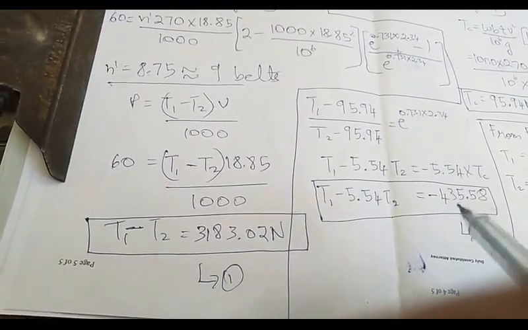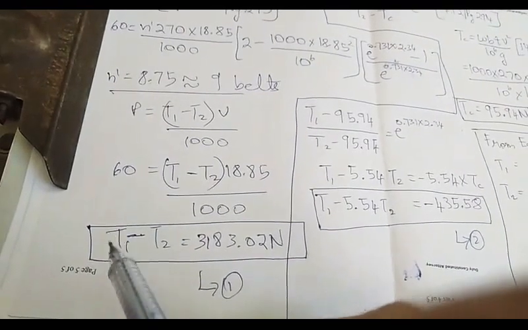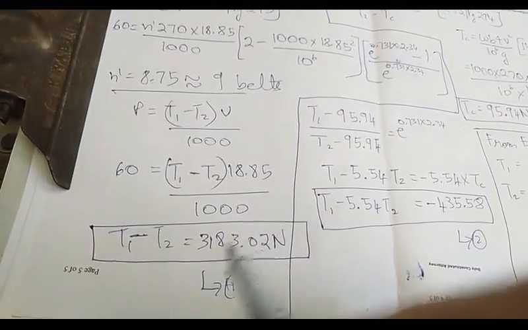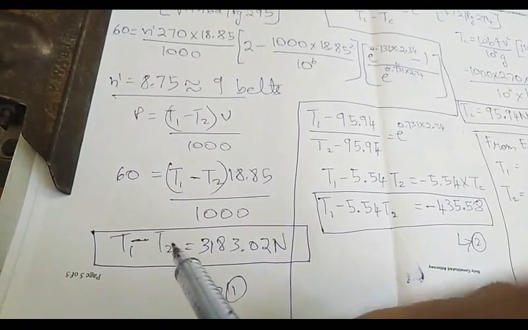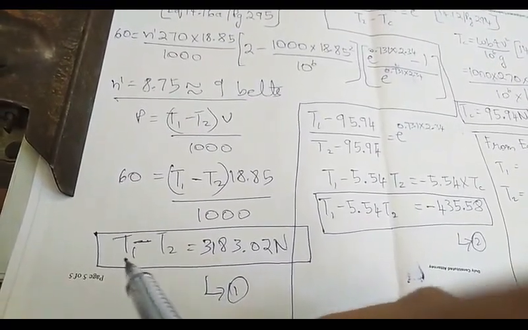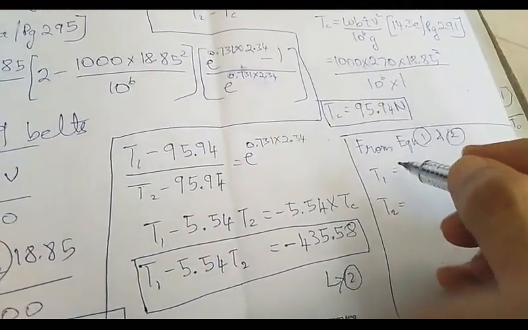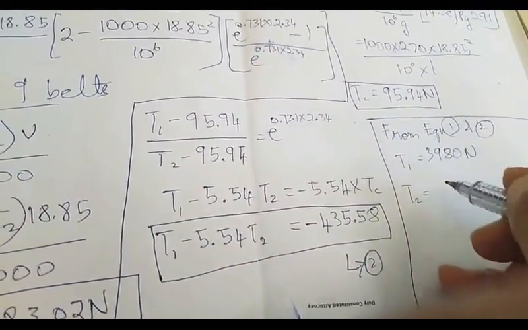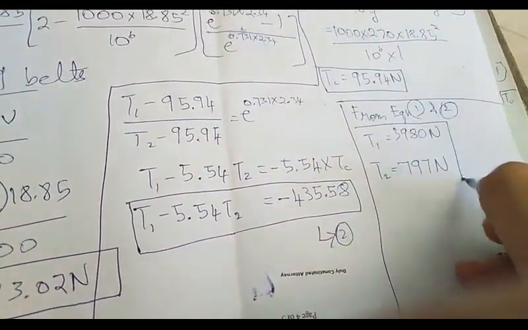We substitute this value for T1 in the other equation, so it becomes entirely in terms of T2 and some numbers. So we can find the value of T2. Once we find T2, we substitute it and find T1 from either equation. If you have any doubts, you can call me. The final values are: T1 is 3980 newtons, and the value of T2 is 797 newtons.